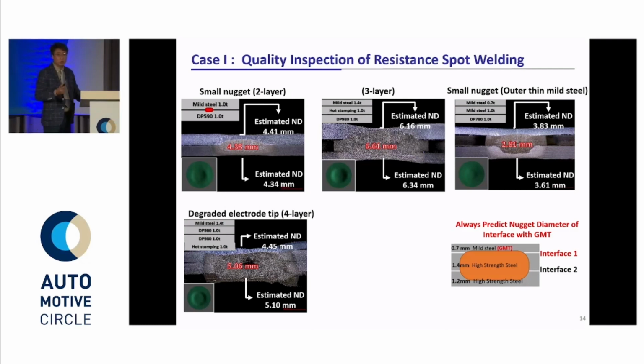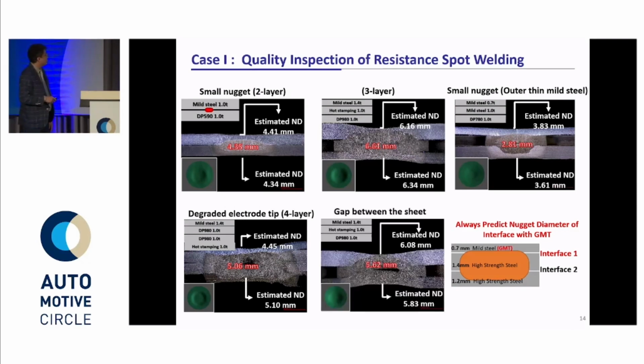The accuracy is within a 10% range. And lastly, we artificially put some gaps and made a weld, and it comes with very large indentation depths. However, the estimated value is very close to the actual nugget diameters.